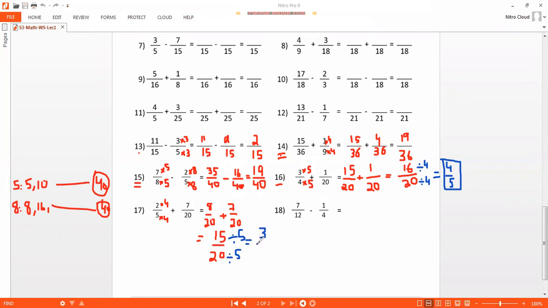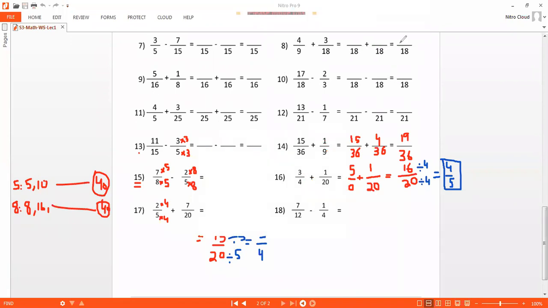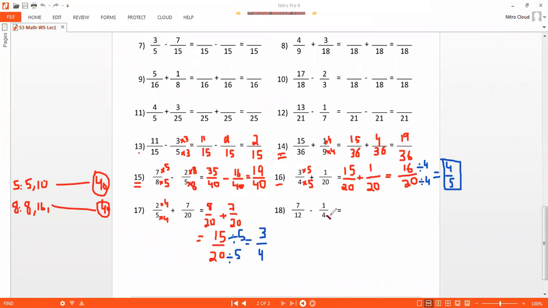It's 3 over 4. Number 18, we multiply the second fraction by 3. So that's why I will solve these two by myself. Okay, so minus 3 over 12.